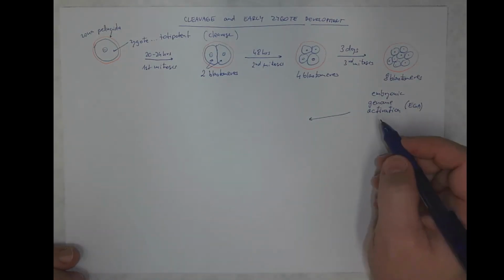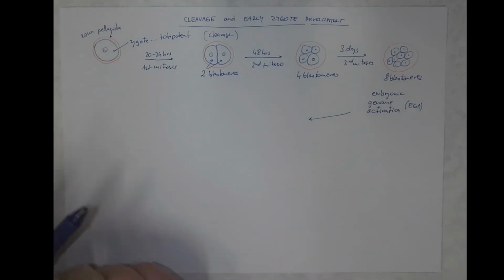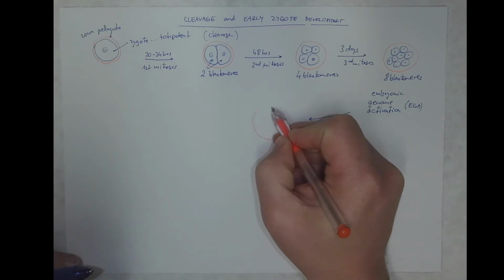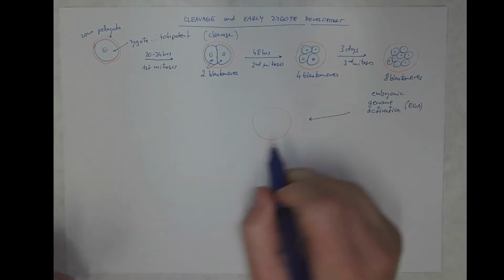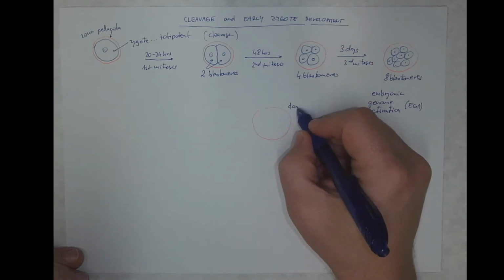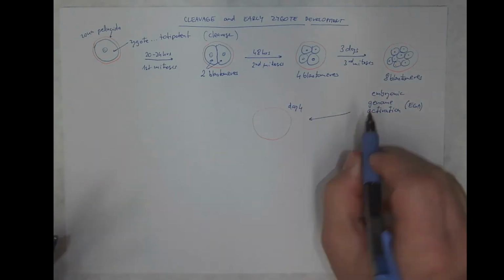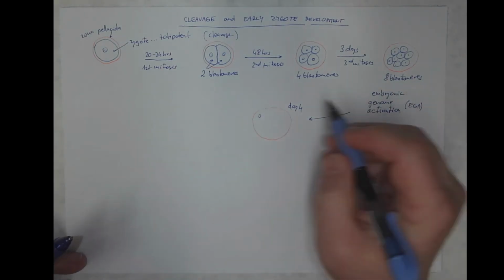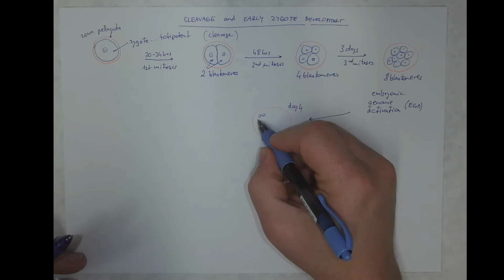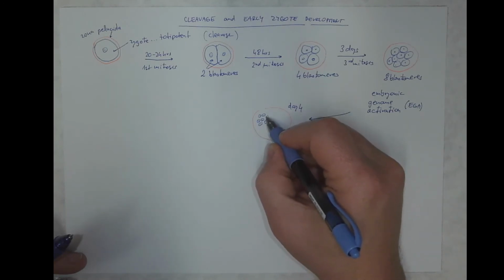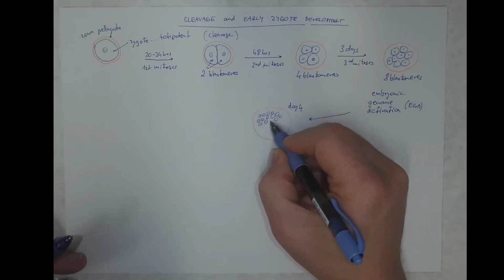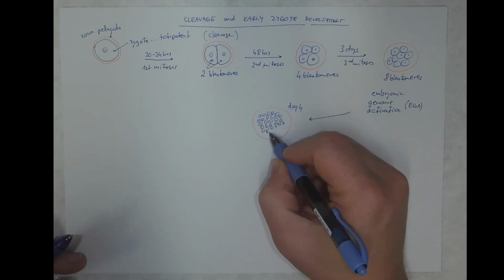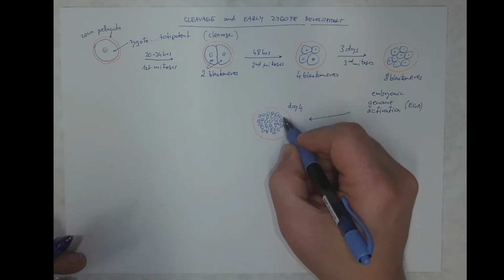Now, during the 4th day, there's a breakdown of the zona pellucida. Of course, in the meantime, the number of blastomeres again increased from 8 to 16, then to 32, forming a solid object called Morula.